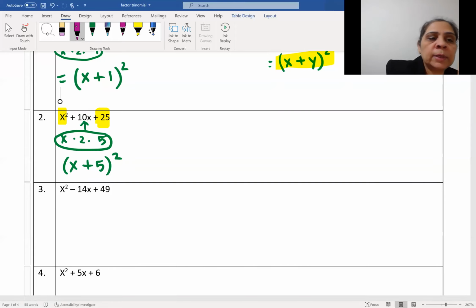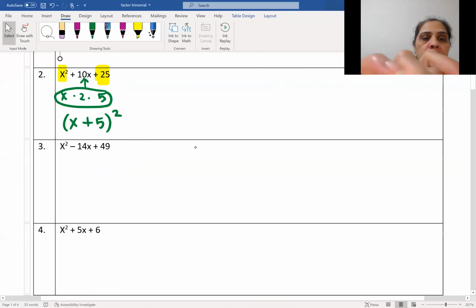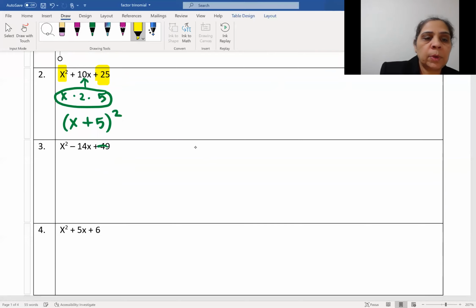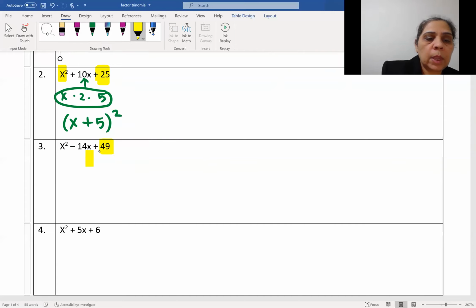All right, let's see the next one here. Do we have first and last terms that are perfect squares and positive? 49, and here we have x squared, they are perfect squares. So we will check whether the middle term is satisfied or not. We can see here the square root of x square is x, the square root of 49 is 7, and it must be a product by 2.